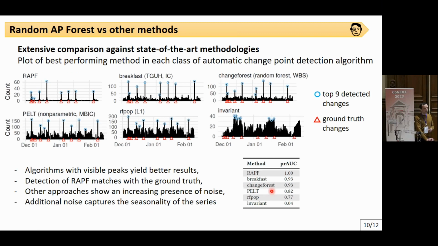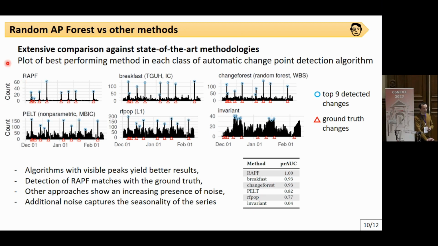And for this, we did an extensive comparison against the state-of-the-art change point detection methodology. Here on this plot, you can see the comparison against different classes of automatic change point detection algorithms. The names are here, and there are more details in the paper if you're interested.